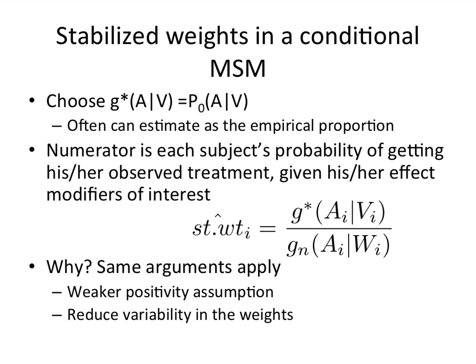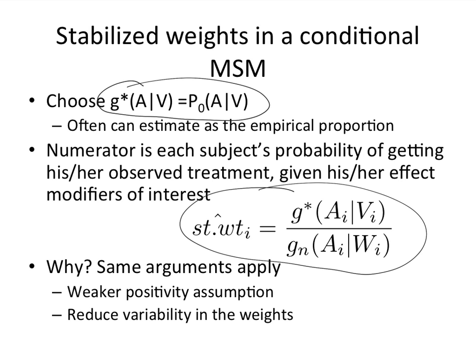And so here's the typical weight. If you implement this, Stata has a version of this that's already implemented for you. So you put in your confounders, put in your treatment of interest, you put in your MSM, and it will default to this stabilized weight. This is the most commonly used one in the literature. It's the one recommended.